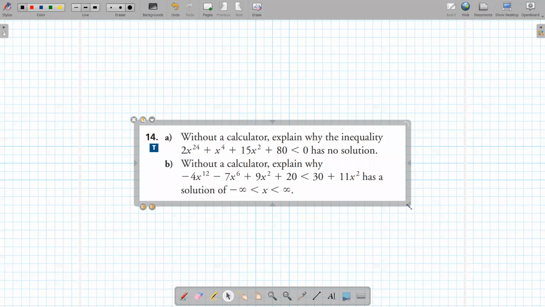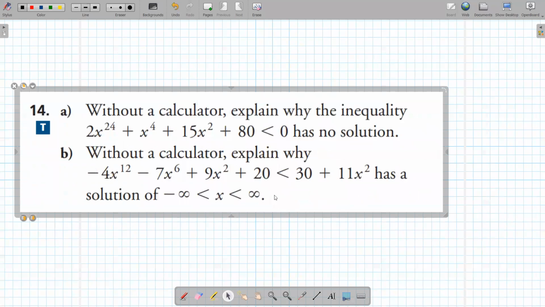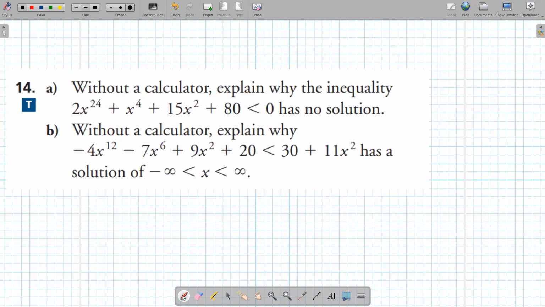Now this one is T's. T's for thinking. You don't really need to do a lot of math. It's more like a puzzle. It says, without using a calculator, explain why the inequality has no solution.